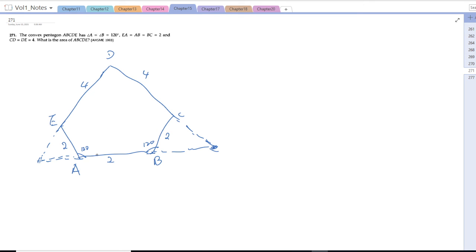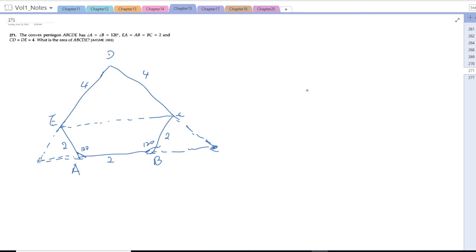And another way you can see is this is 120, this is 120, right? And this is the 2, this is the 2, right? So this will be like a trapezoid, right?